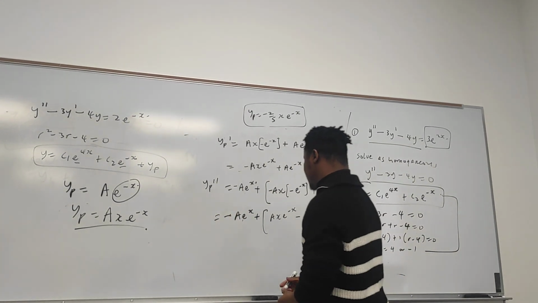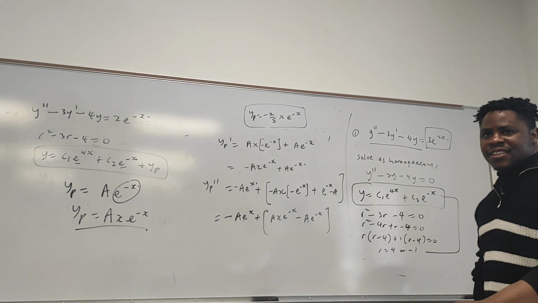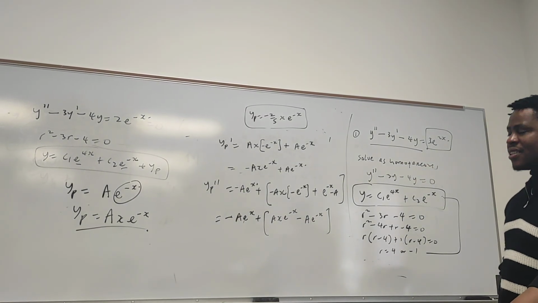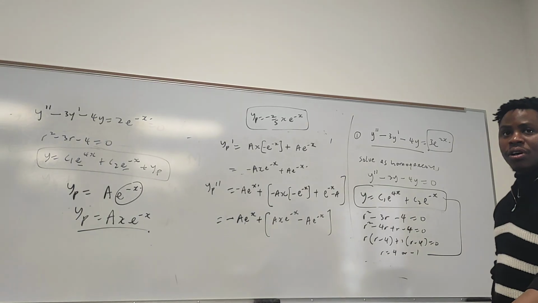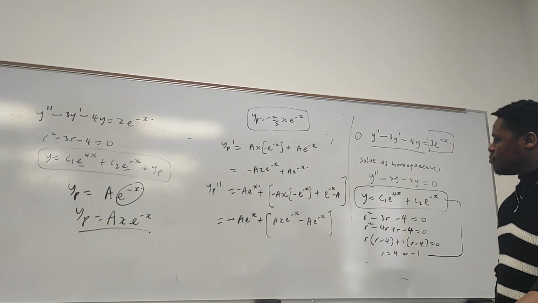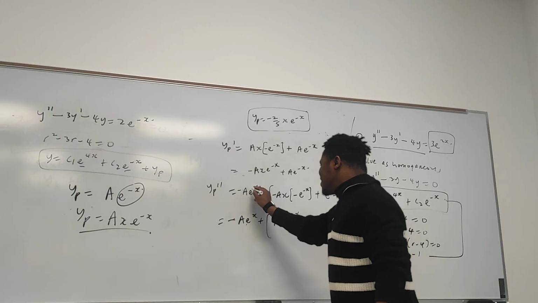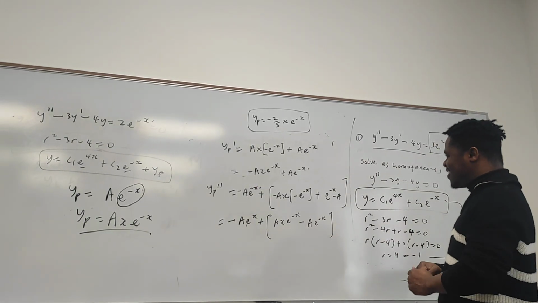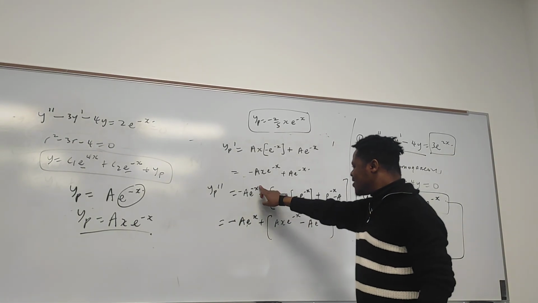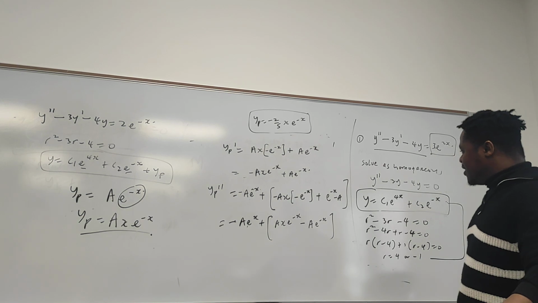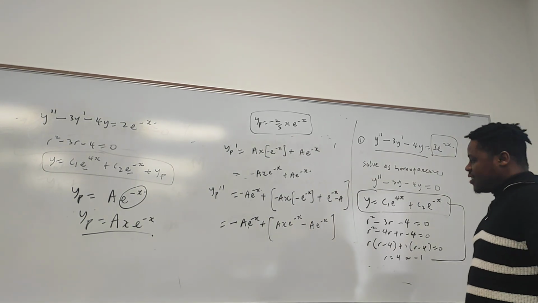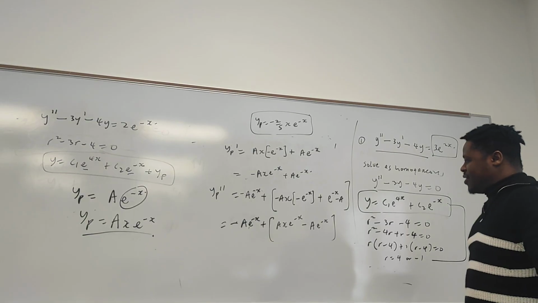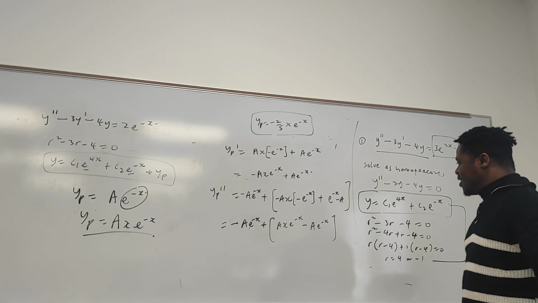Am I missing any other thing? Yes. On the same term, it should be e to the negative x. There is no a there. The a goes. Are you sure? No, the a is still there, but it should be e to the negative x, not e to the x. I keep missing negative, and this is annoying me. Did I miss any other thing? Here. It's correct now, right? Please tell me I did not make mistake again.